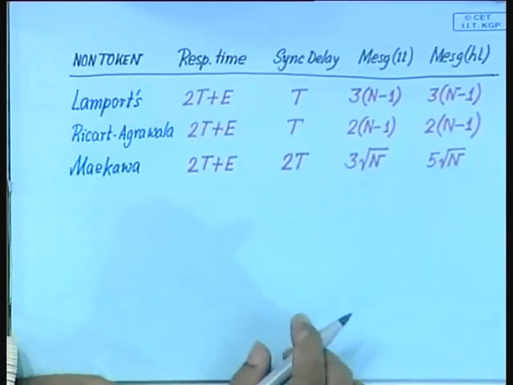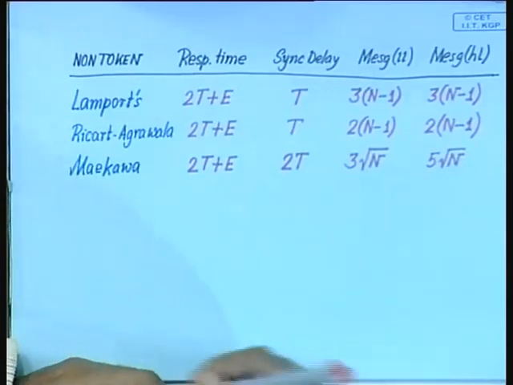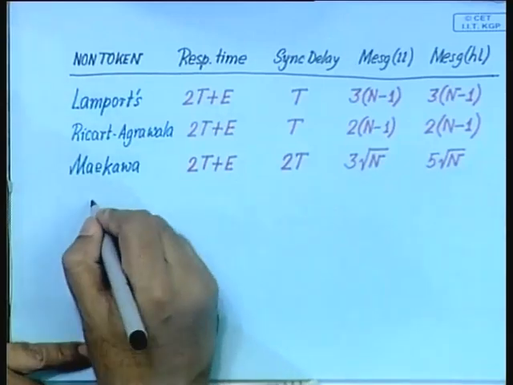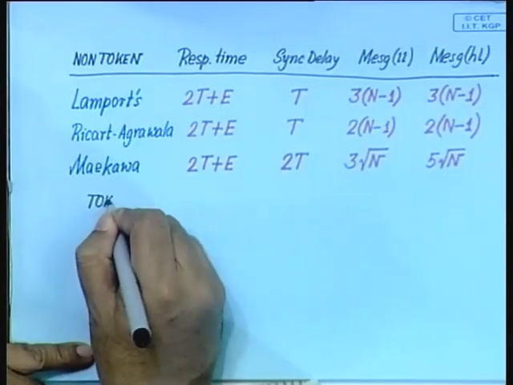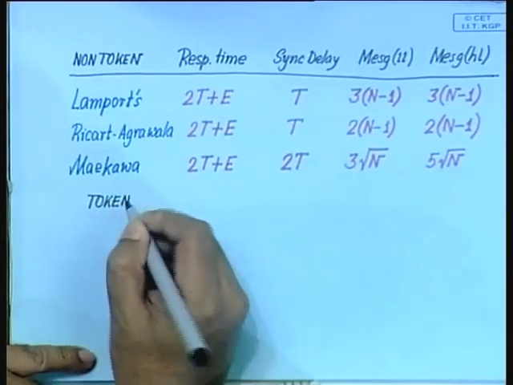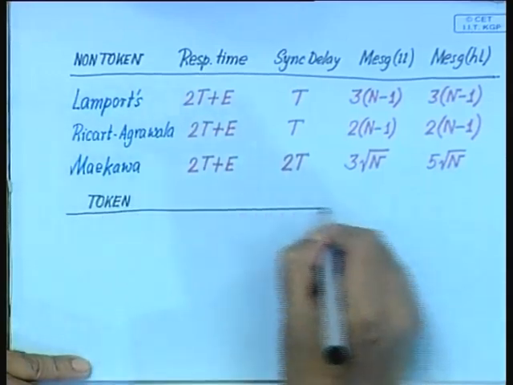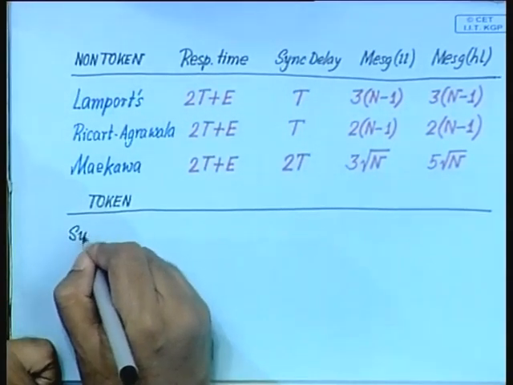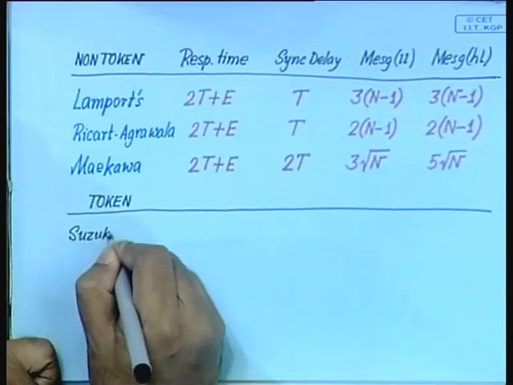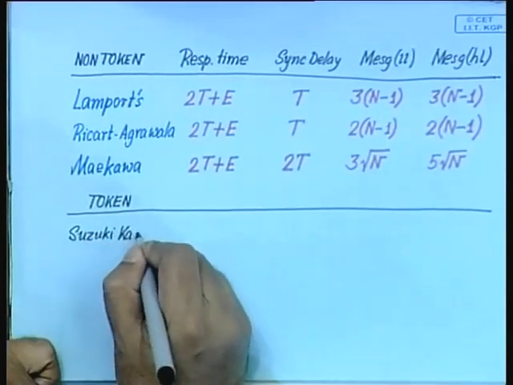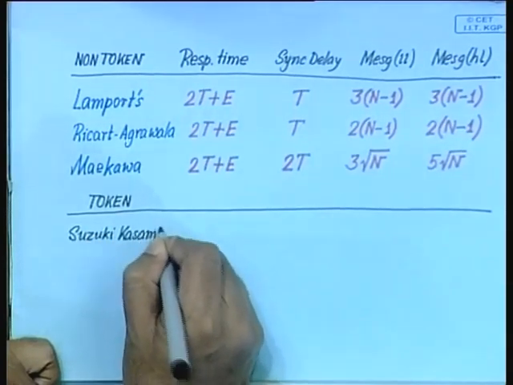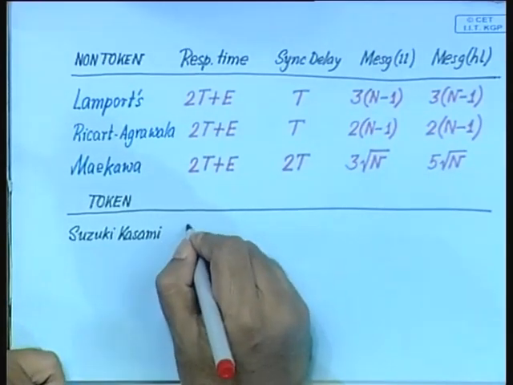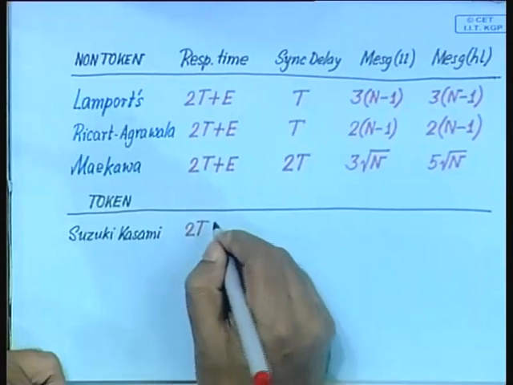Okay. Now, that is with the non token based algorithms. Now, let us quickly look at the token based ones. For the token based ones, we first have Suzuki-Kasami. So, here also we have 2T plus E. Why?